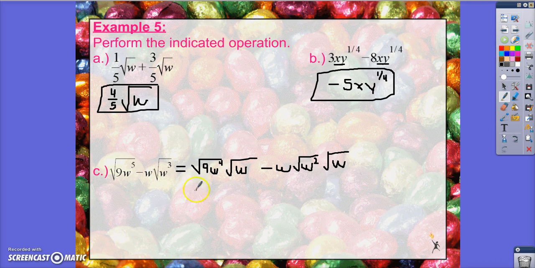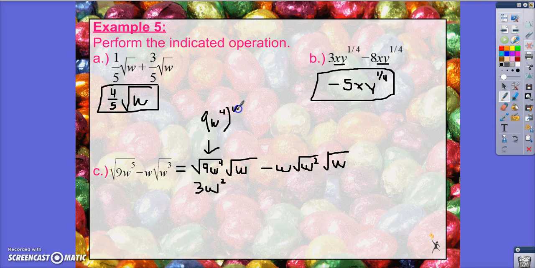Now, square root of 9 is 3. W to the 4th to the 1/2 is just w squared. And if that confuses you, I want to add something here for a second. This is the same as saying 9w to the 4th to the 1/2, right?